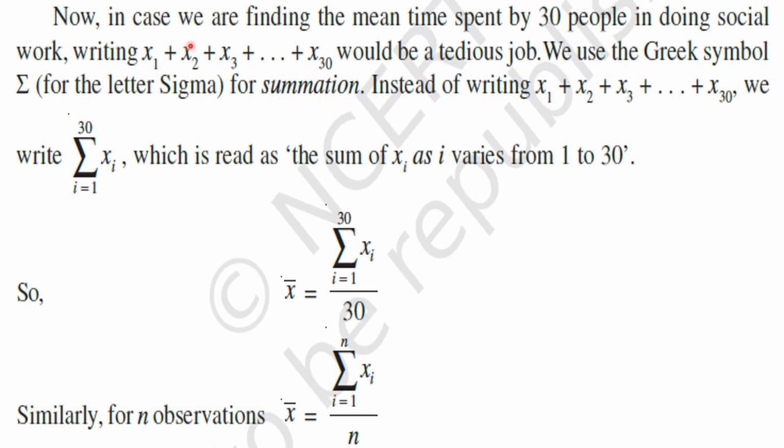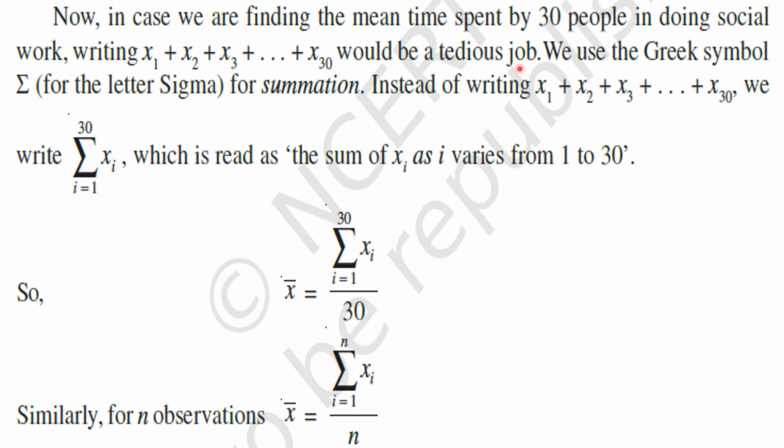Now, in case we are finding the mean time spent by 30 people in doing social work, writing x1 plus x2 plus x3 plus and so on plus x30 would be a tedious job. If a large number of observations are considered, writing this notation is a tedious job.